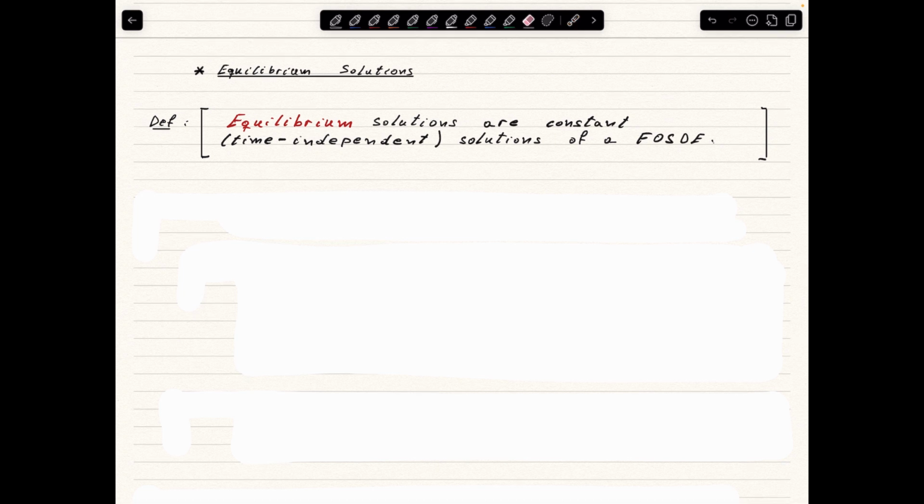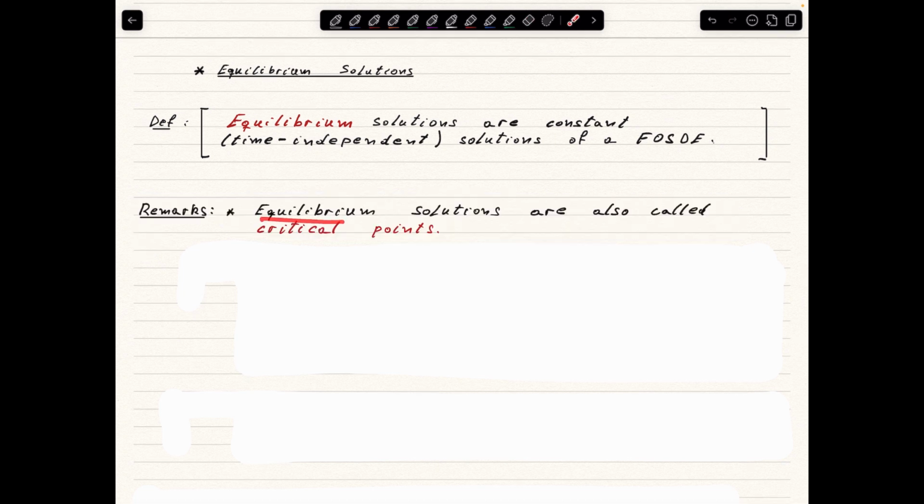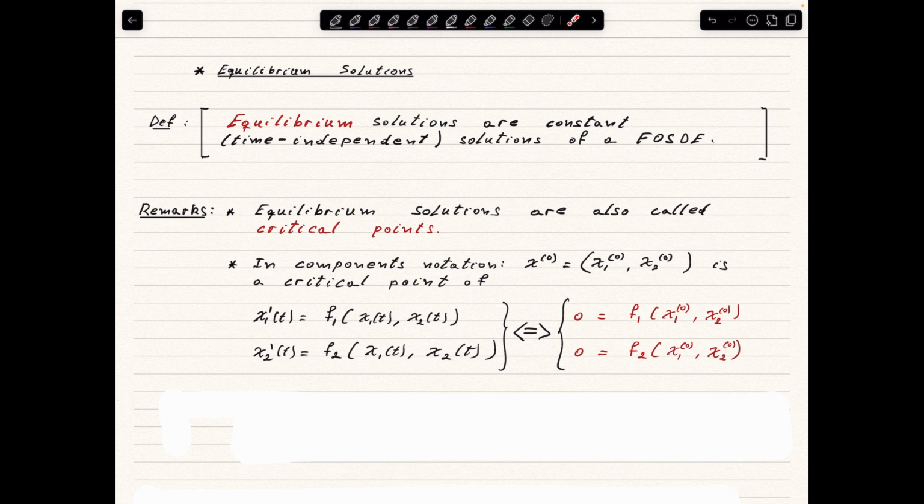Equilibrium solutions are also called critical points, and in components, if we use the notation of a point x1 and x2 with a 0 for an equilibrium solution or critical point, this point is going to be a critical point of this system of equations if and only if, well, it is a constant, time-independent solution of the equation.